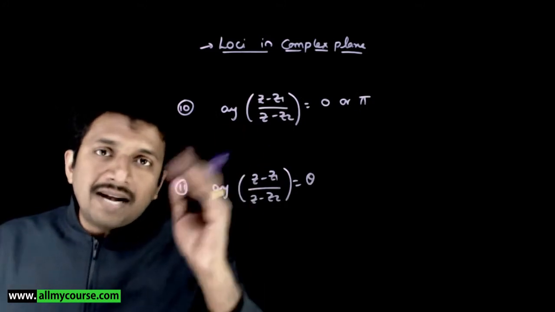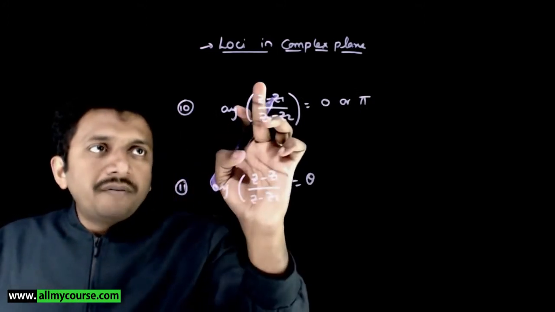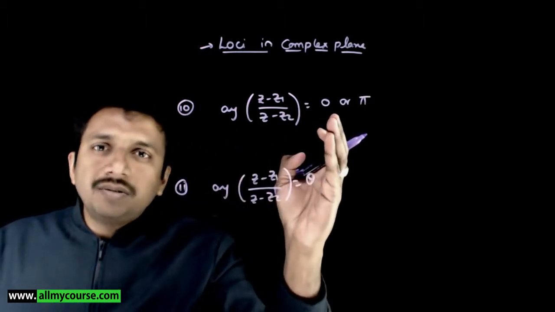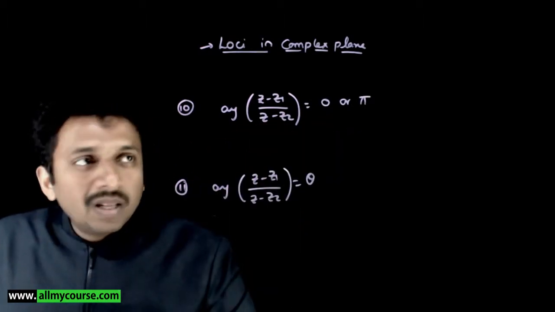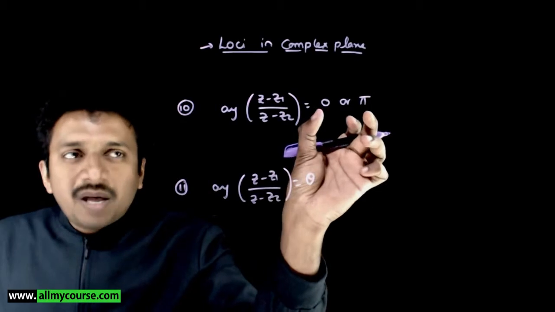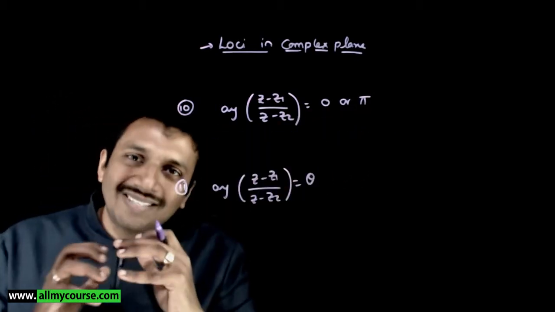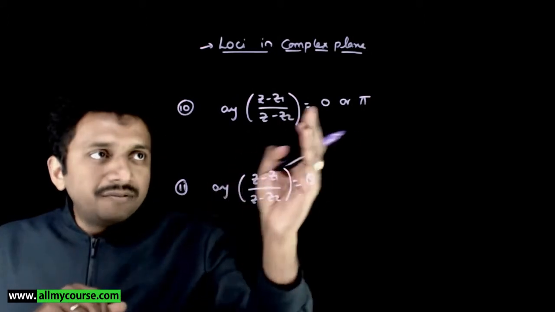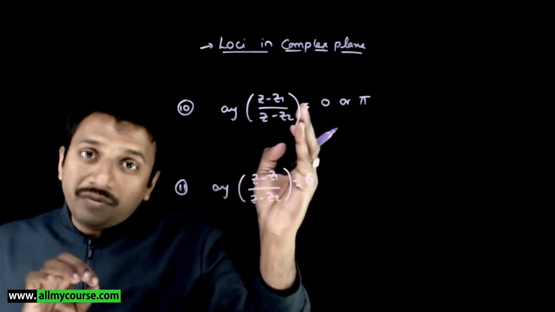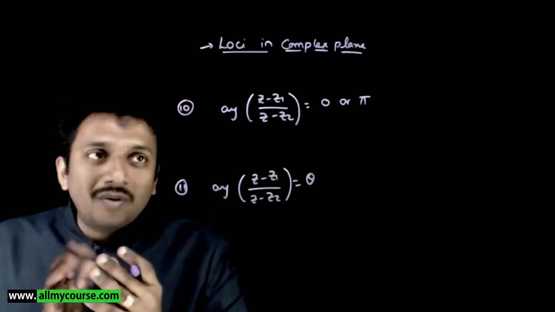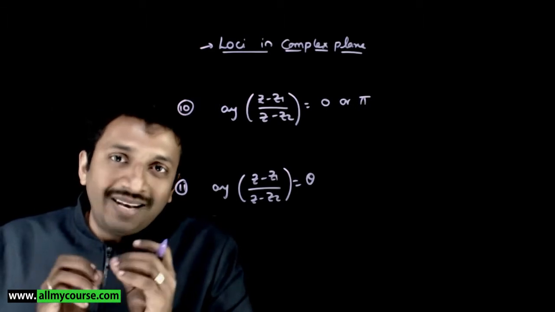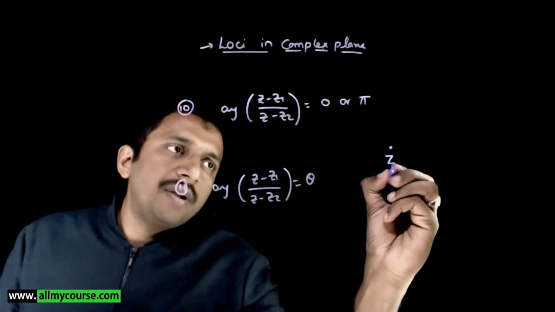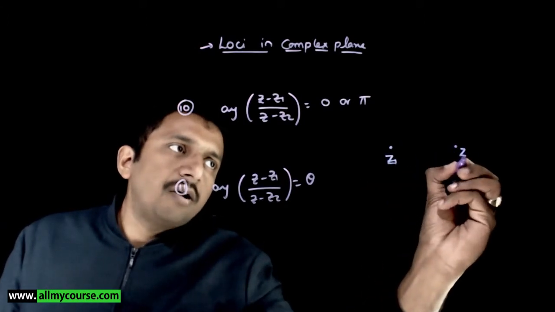So the next standard locus is argument of z minus z1 by z minus z2 is equal to 0 or pi. If this is equal to plus or minus pi by 2, we have seen that the locus is a circle with z1, z2 as diameter. Now instead of plus or minus pi by 2, if you have 0 or pi, what will be the nature of the locus? You have a complex number z1, you have a complex number z2.